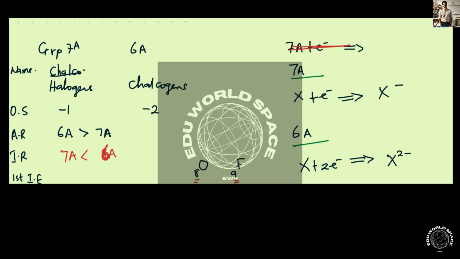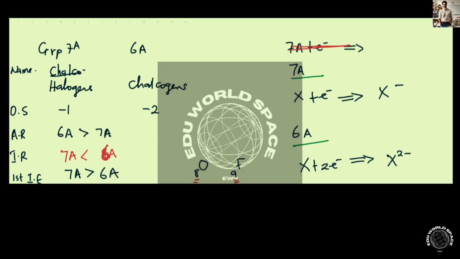The general trend is that the ionization energy increases when you go from left to right across the periodic table, because size is reduced and there's an increase in atomic number as you add more protons to the nucleus. So the ionization energy of the 7A is greater than the 6A.